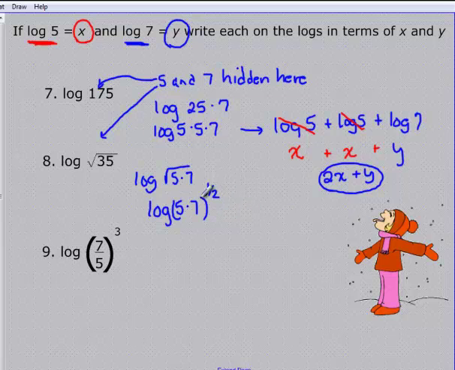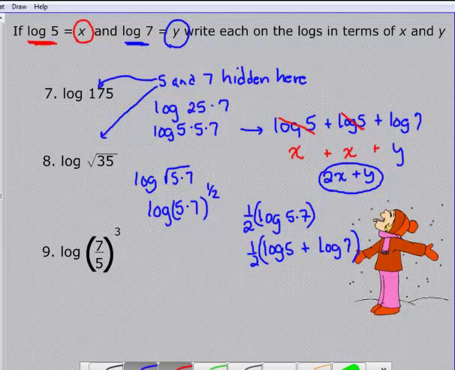Powers are no longer powerful, so they fall down in front. And there's no such thing as multiplication. And since both the 7 and the 5 were getting square rooted, I had to put in parentheses. So this one is 1/2 the log of 5 plus the log of 7. And once again, it's still in parentheses, and there I have it.